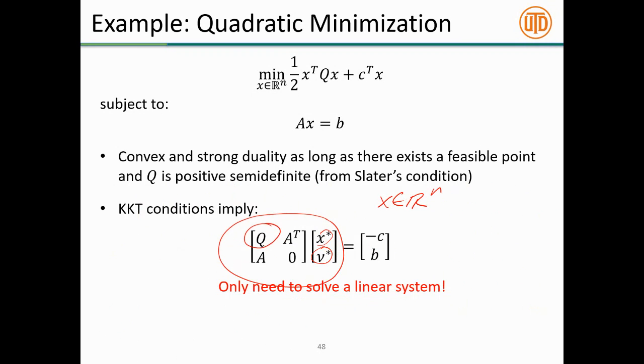So it better be that Q is the right shape so that I can multiply x by it. But that's true. Q is an n by n matrix, in fact, so the multiplication makes sense. Same thing for A. A is an m by n matrix, and nu is an m-dimensional vector, right, where m is the number of constraints in the system.